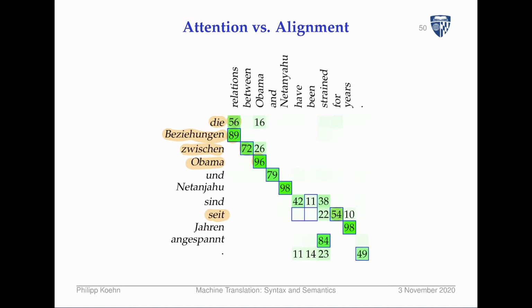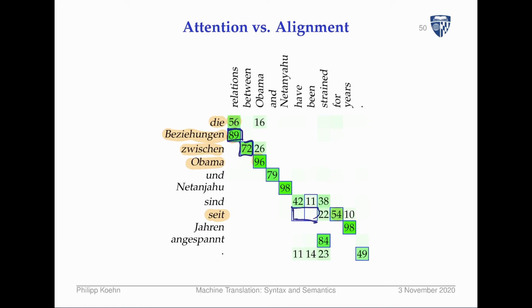What is written in these blue boxes is the human annotation for attention. Actually, this is not the human annotation. This is annotation that was computed with symmetrized IBM models. So it actually is a bit faulty here. Otherwise, it often matches up pretty well.